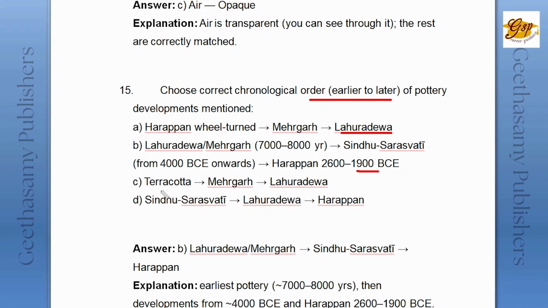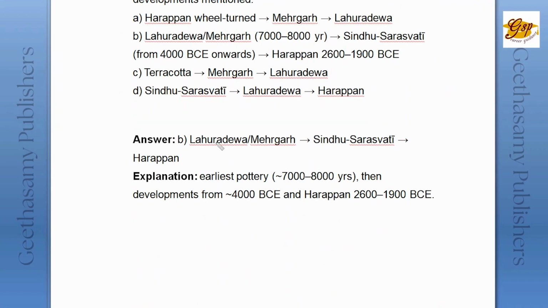Option C: terracotta, Mehrgarh, Lahuradeva. Option D: Sindhu-Saraswati, Lahuradeva, Harappan. The correct answer is B: Lahuradeva, Mehrgarh, Sindhu-Saraswati and Harappan. Explanation: the earliest pottery is 7,000 to 8,000 years old, then development from 4000 BC, then Harappan from 2600 to 1900 BC, the last one.